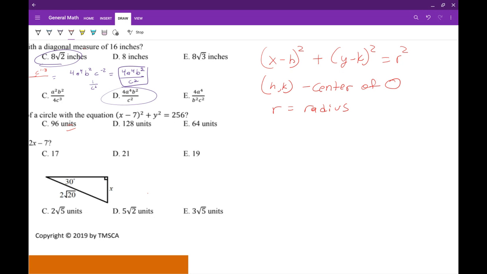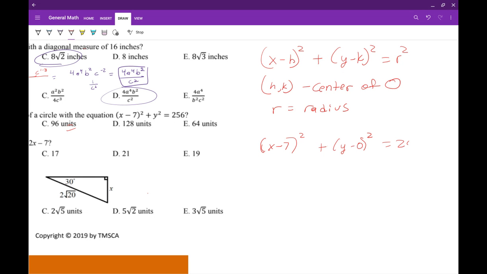So over here you have (x - 7)^2, which resembles the first part, and then you just have plus y^2, but y^2 is equal to (y - 0)^2, right?